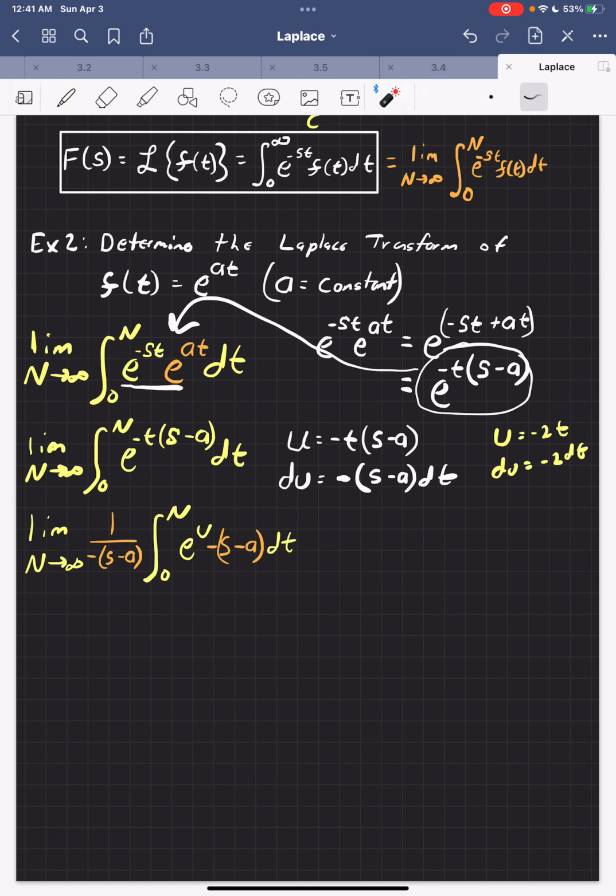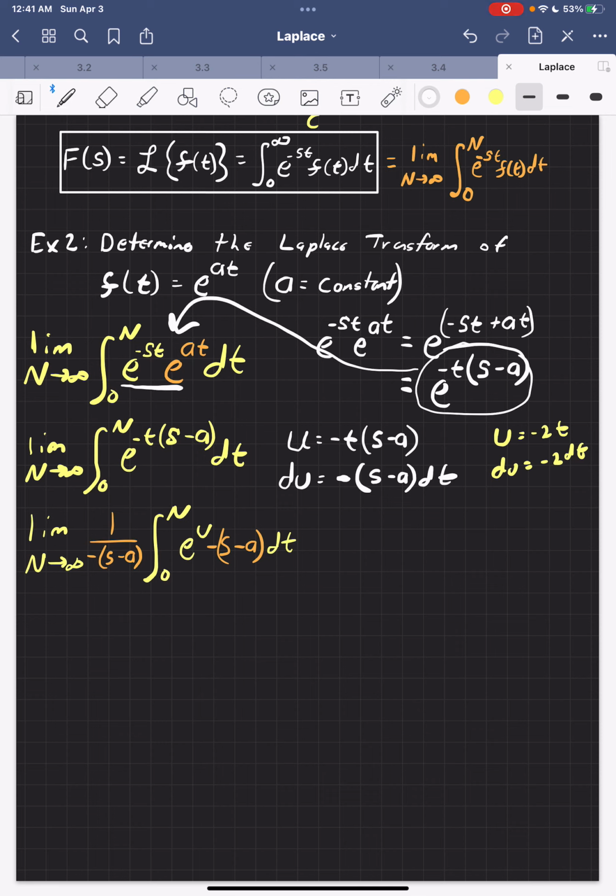So you can see that once I multiply and divide by this negative of s minus a, then I can insert du. All right, so easy enough. So let me go ahead and do that.